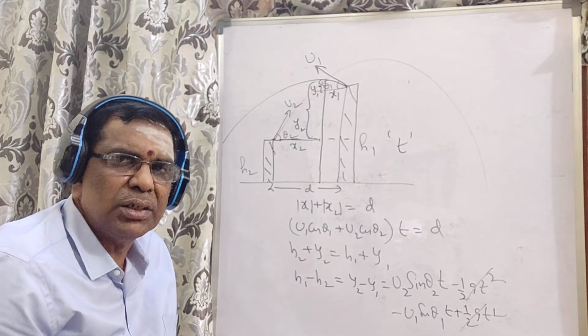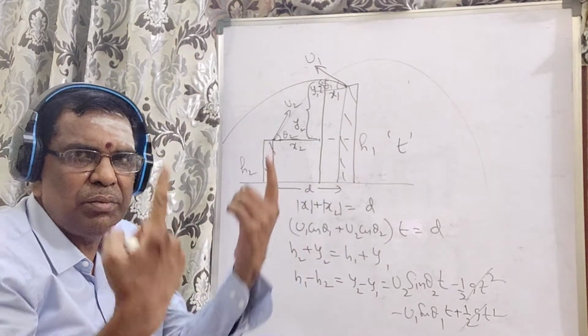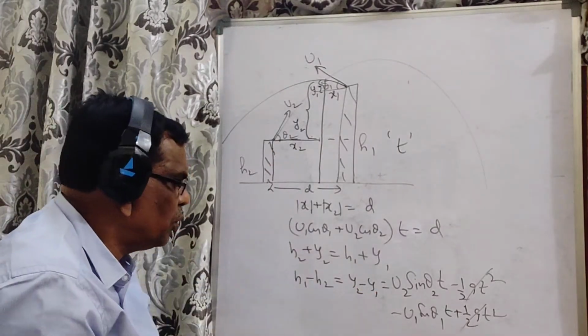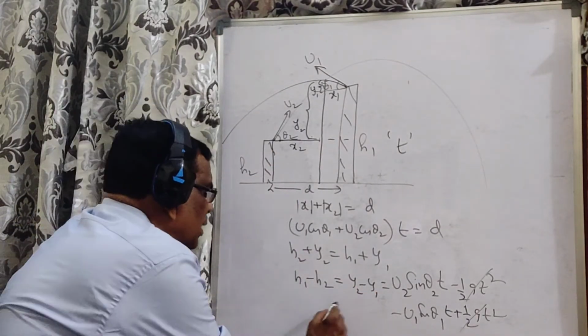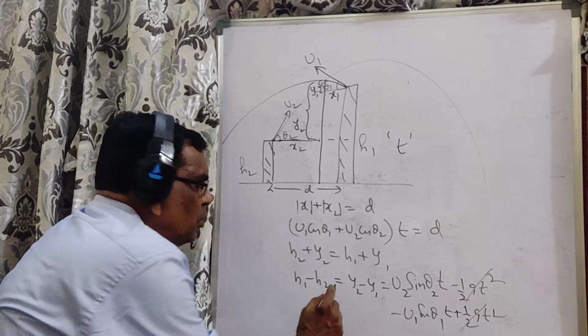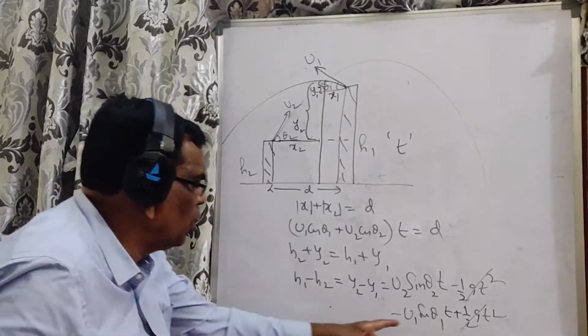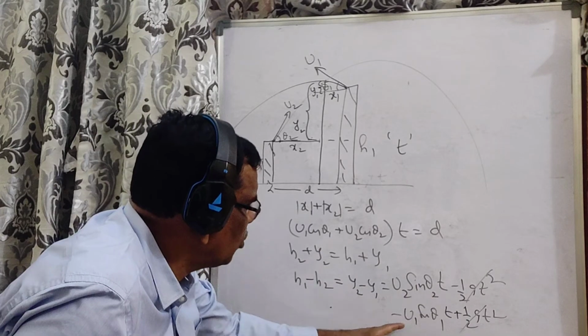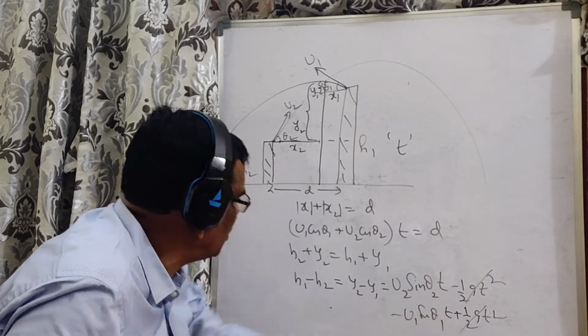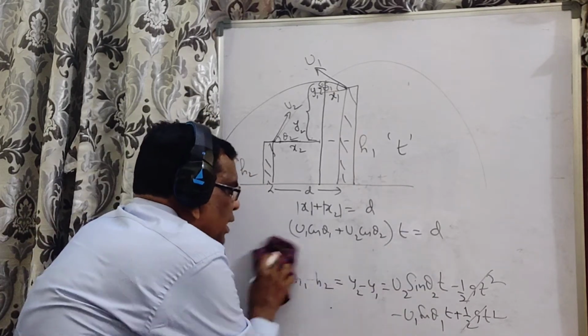I hope you got this. Both are in the same direction, both I put as plus. So you are getting this. What is this equal to? u2 sin theta 2 minus u1 sin theta 1 into t. That's what I am writing here.